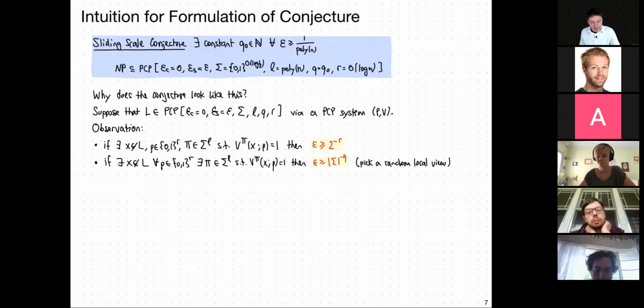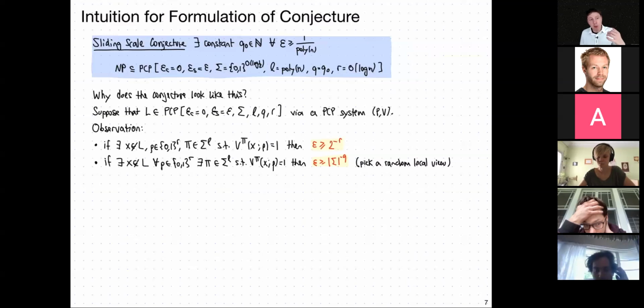Another observation says, if there is some instance for which, for all randomness, you can fool me somehow, then the soundness error must also be at least the fraction of views. This is basically saying there is one local view that will make me accept when I shouldn't, right?